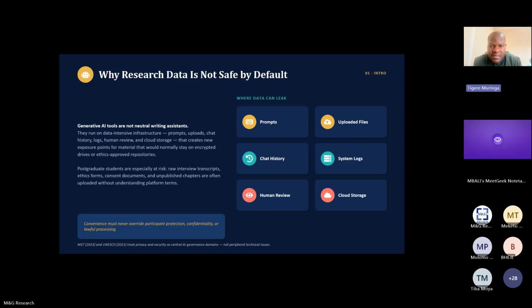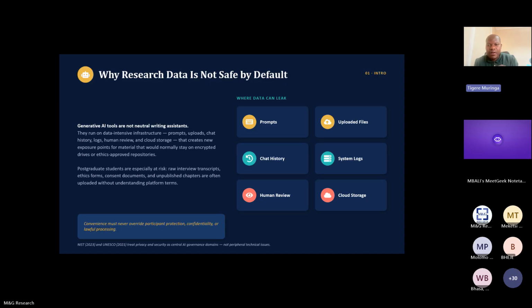We appreciate how these platforms offer affordances and nuances, and how they can allow us to run through our data quickly and analyze our data quickly. But the important thing is that convenience must never override participant protection, confidentiality, or lawful processing, right? So that's very key, right?